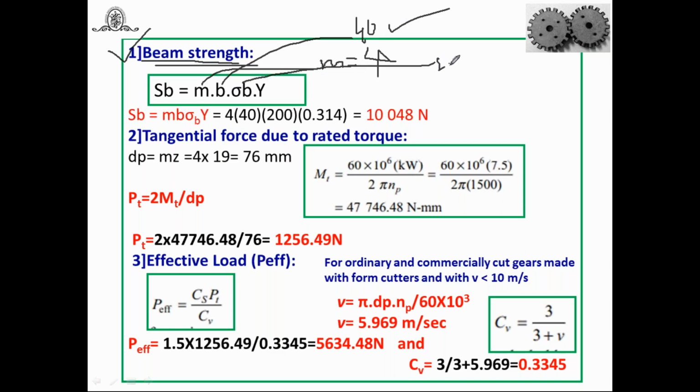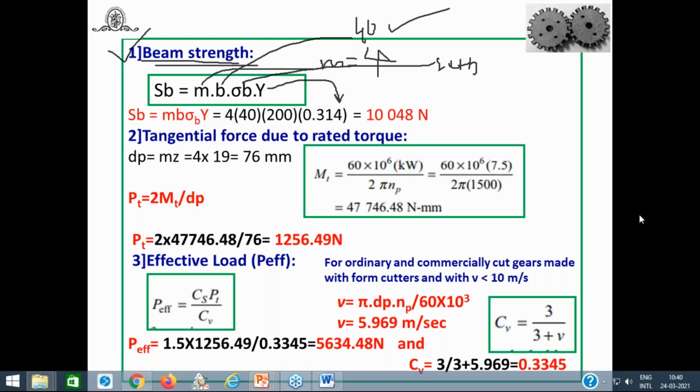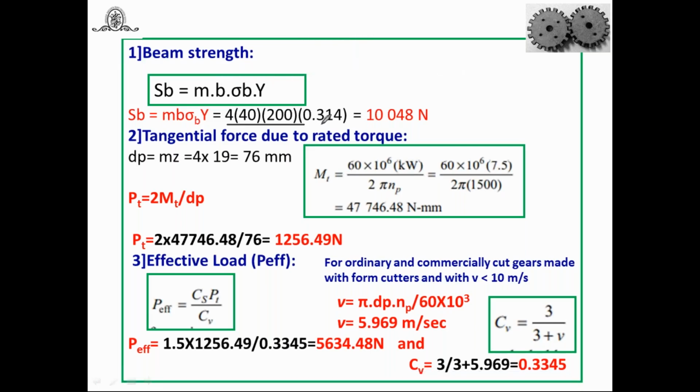Sigma B is equal to SUT by 3, which you can calculate, it's 200 Newton per mm square. And Y we have taken from the table, that is 0.314. Substitute all these values here and you will get the value of SB. How much is SB? I have calculated it, and it's given, it's a solved problem: 10,048 Newton. It's the beam strength.